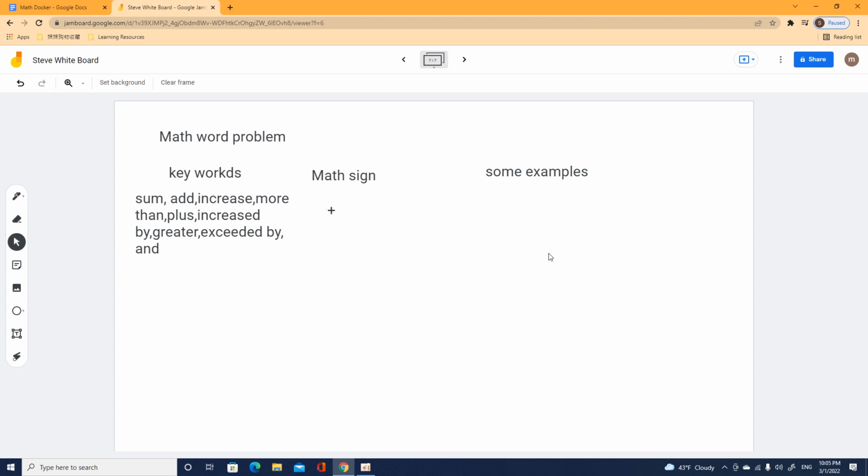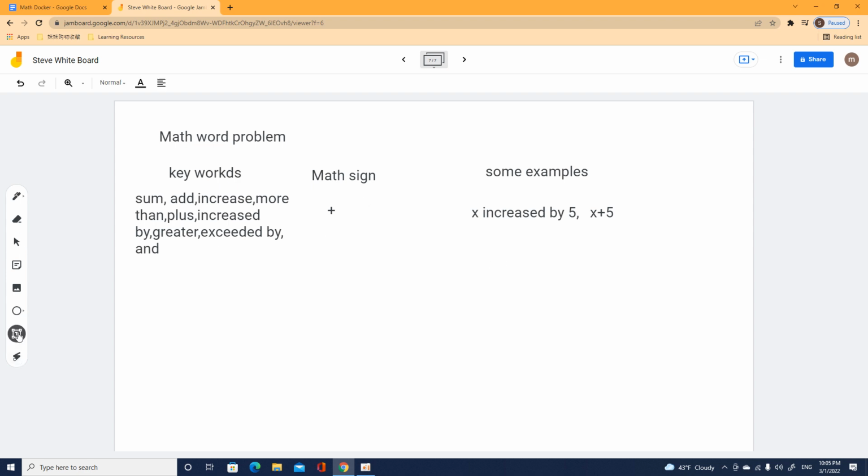I'll give you some examples. If they say x increased by 5, that means you should write the expression x plus 5. That is one example.